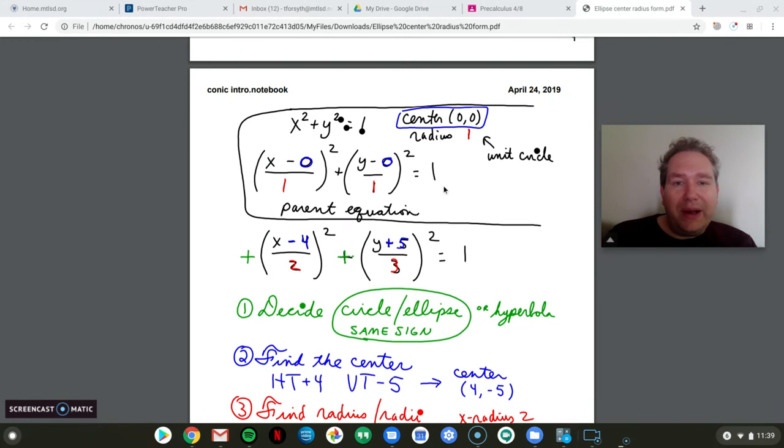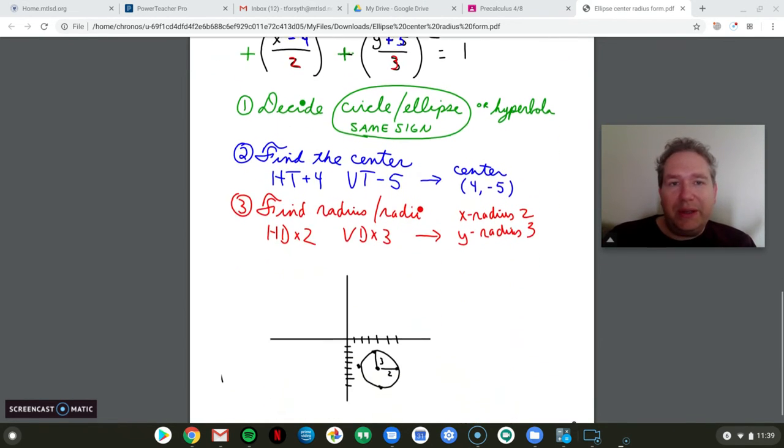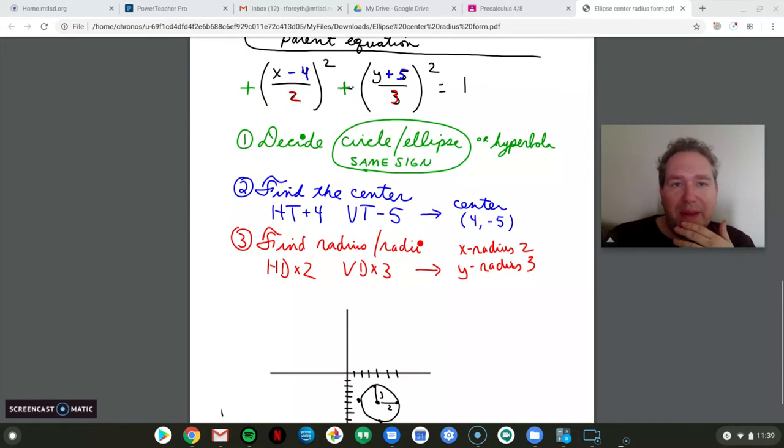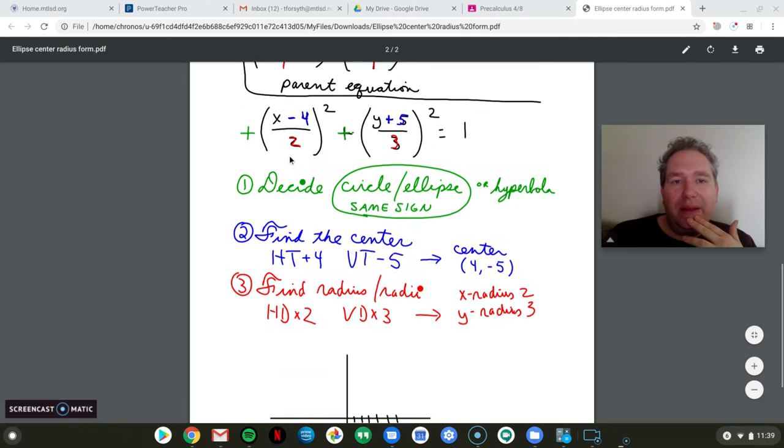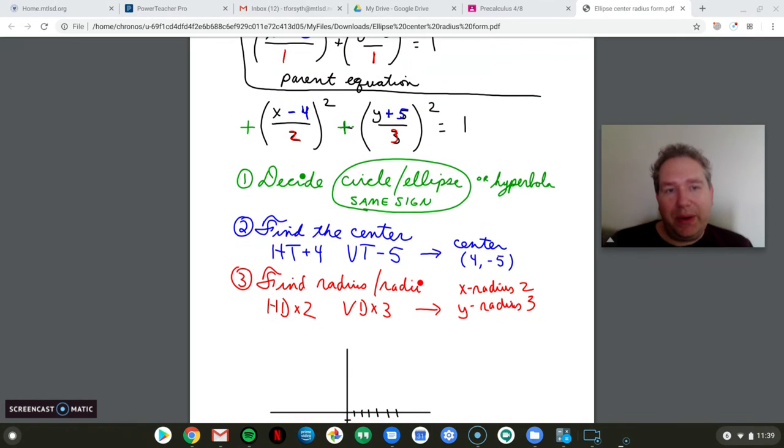So when you look at a weird elliptical equation in this form, generally speaking, these are the three things that you have to look for in the center radius form. You first of all have to decide, because hyperbolas can look like this too, which we'll get into later, is it a circle, ellipse, or hyperbola?